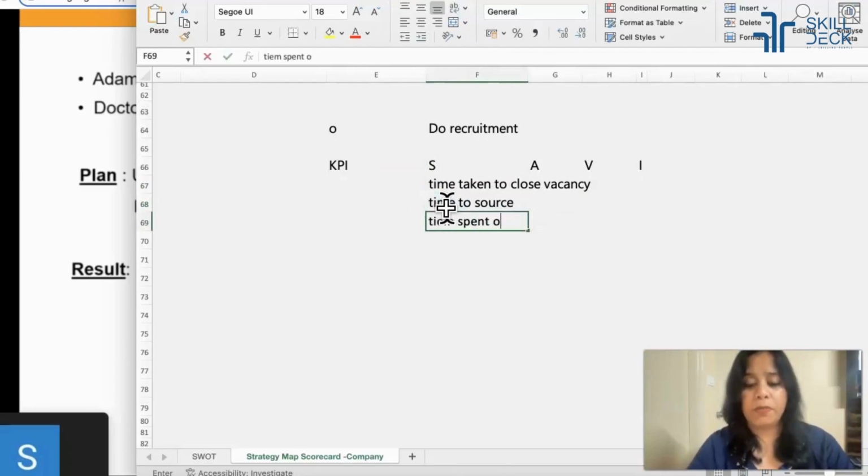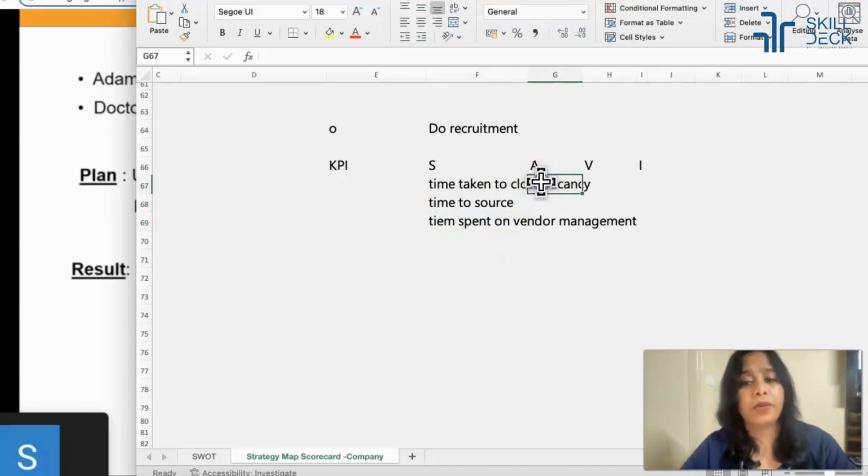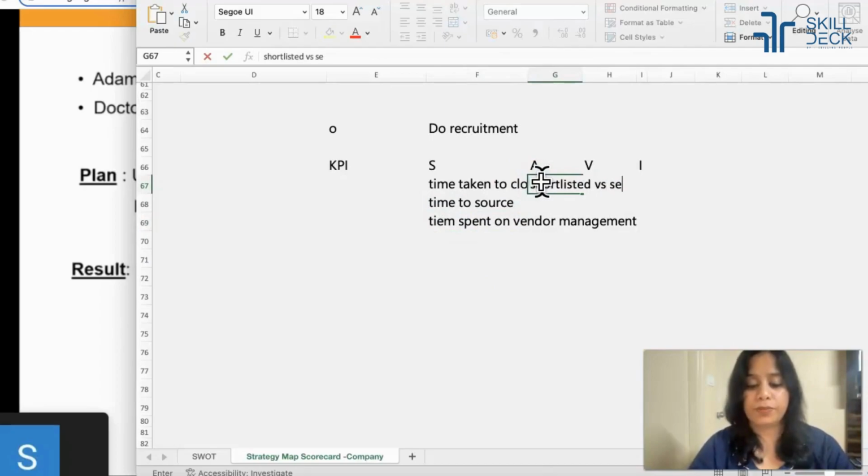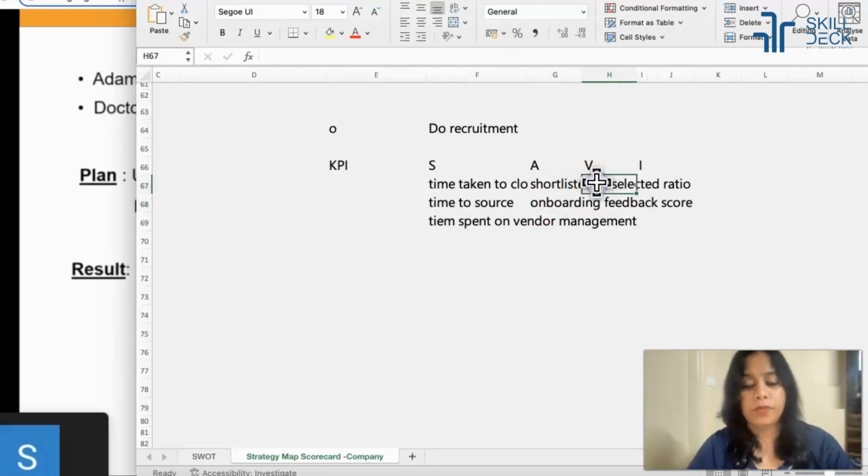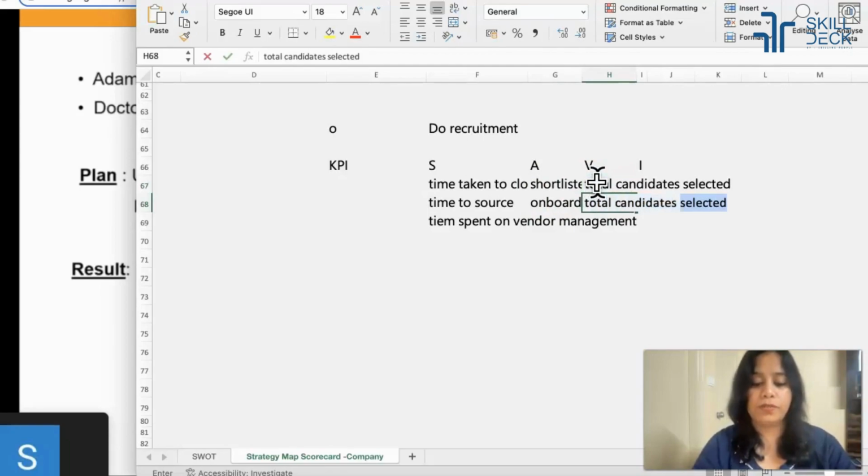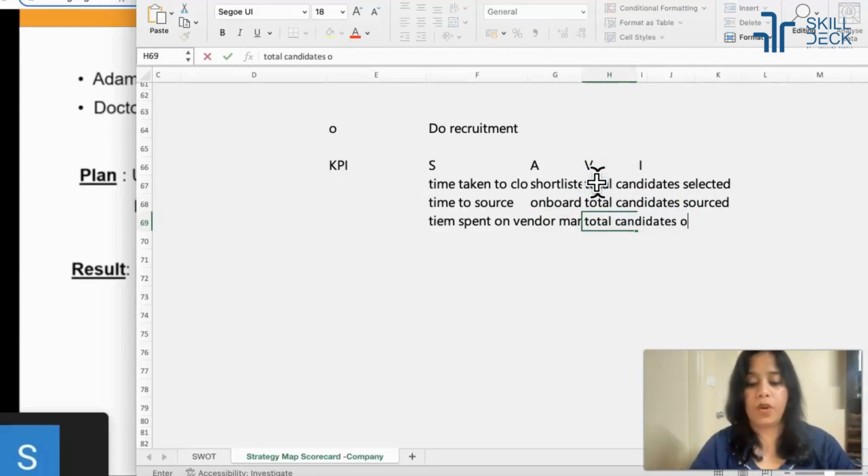time spent on vendor management. Accuracy: shortlisted versus selected ratio, onboarding feedback score. Volume: total candidates selected, total candidates sourced, total candidates offered.